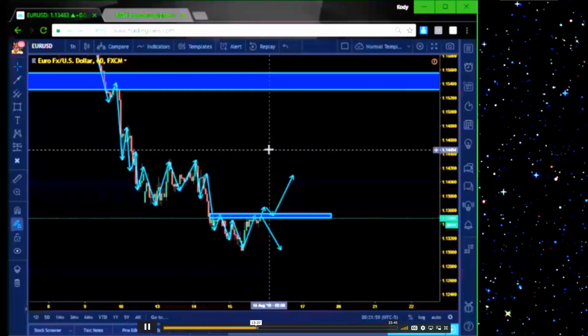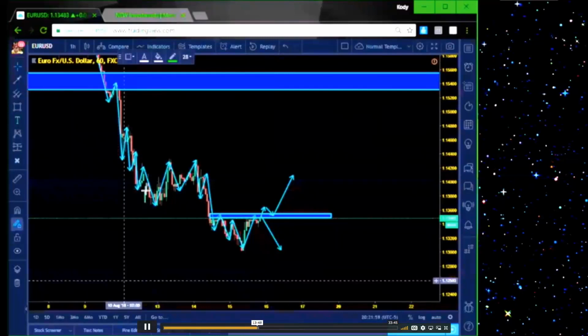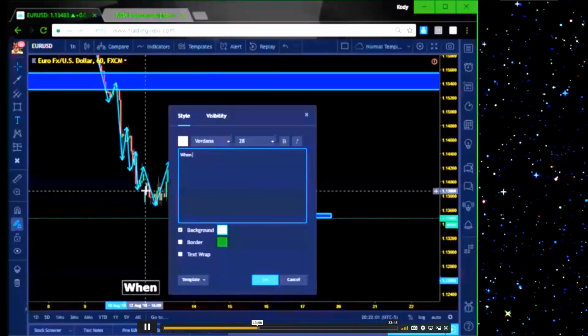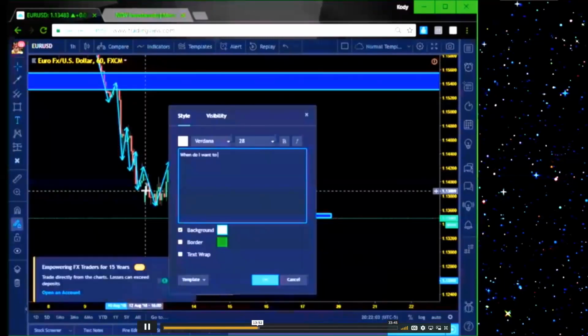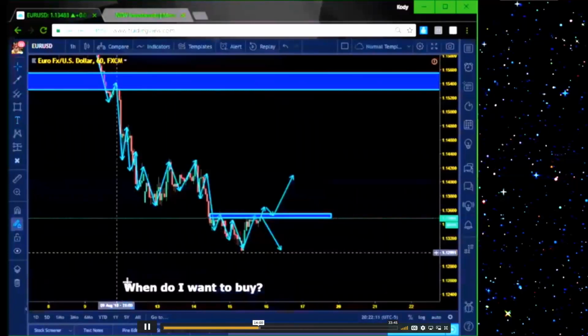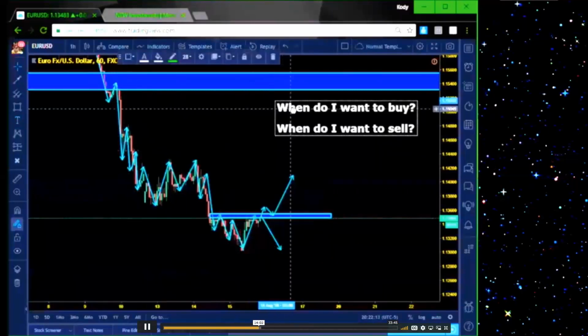So what you have to do when you open up a Forex chart is ask yourself one thing. When do I want to buy? When do I want to sell? It's this simple, guys.